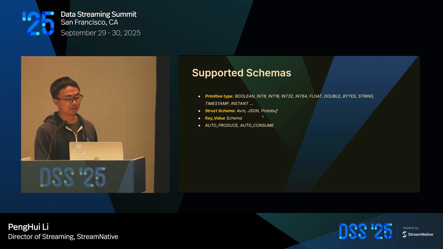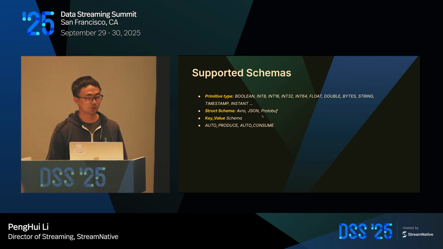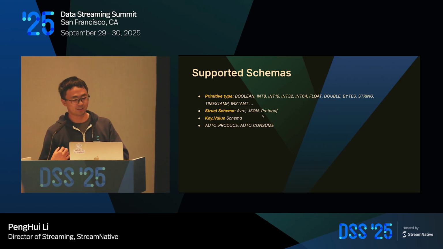And for the consumer side, it's auto consume. It means you don't need to specify any schema for the consumer. The consumer just reads the data and reads the schema from the broker side, and finally it will provide you a generic record, something you can just get by the field name.